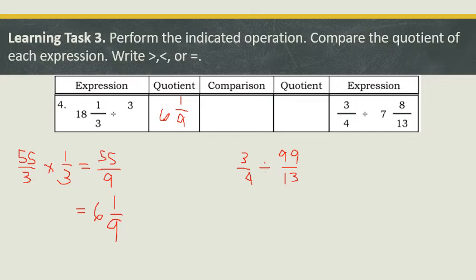Then, saka natin apply yung rules. So, kopyahin, 3/4. Tapos, gawing times. Tapos, yung 99/13, pagbabalik na rin, magiging 13/99. So, 3 times 13 is 39. And 99 times 4 is 396.